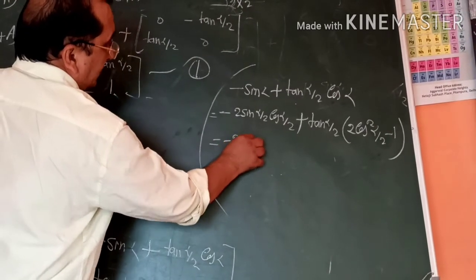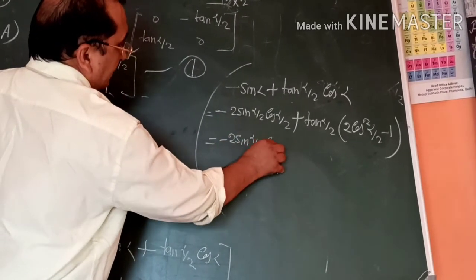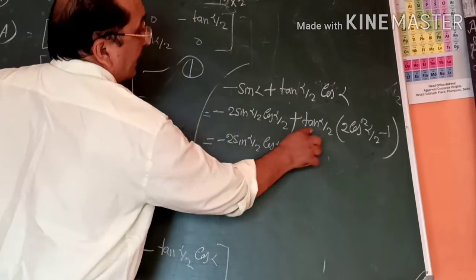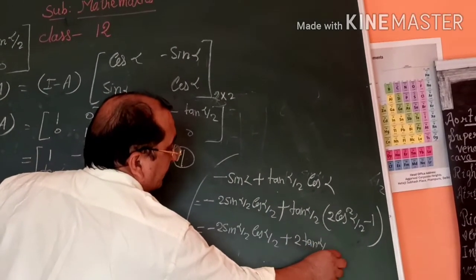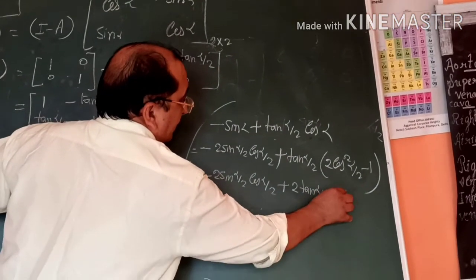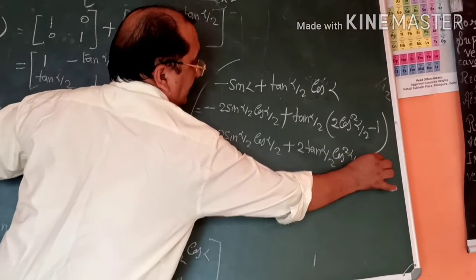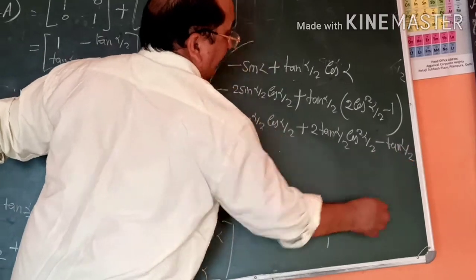It will multiply here: 2 tan(alpha/2) cos square(alpha/2) minus tan(alpha/2).